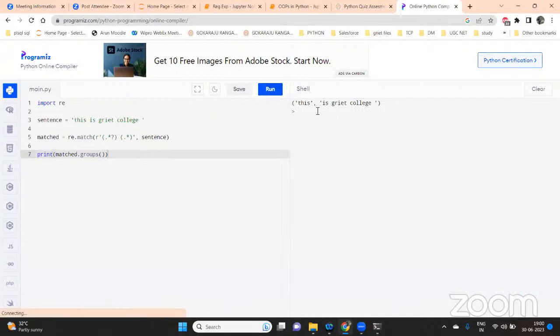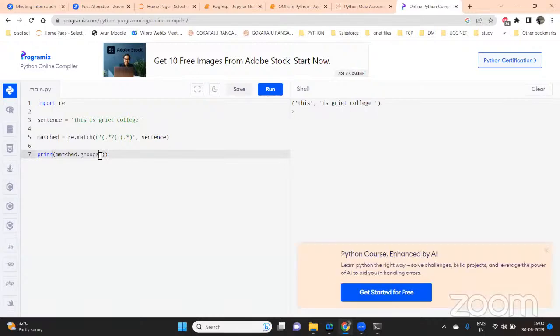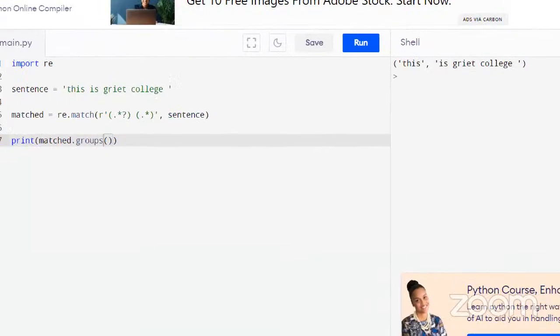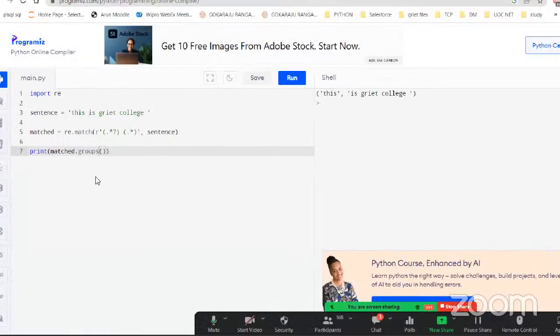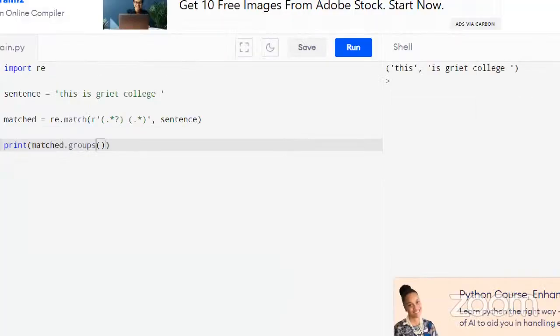So what we are getting, this is grid college. For example, if I remove this, see what is happening, you observe. When I'm adding the group inbuilt function, what is it doing? It is basically separating based on the words.